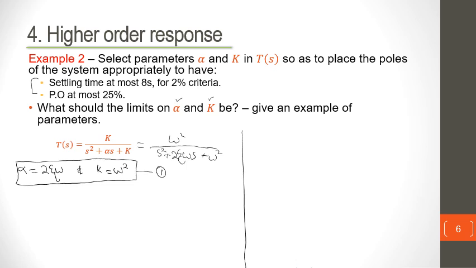Now, if we tackle the settling time, we know that the settling time is given approximately by equation 5.3, which is 4 divided by the damping factor times the natural frequency, and this should be at most 8 seconds.